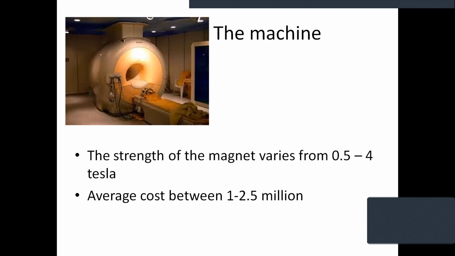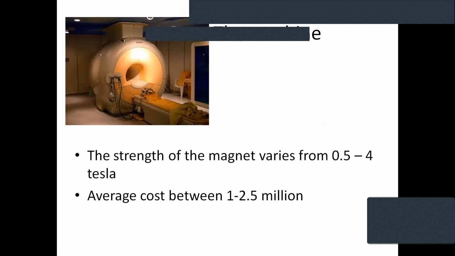For this magnetic machine, for example, hydrogen has atomic number 1, carbon 13, oxygen 17, sodium 23, fluoride 19, phosphorus 31. So the hydrogen atom nucleus has only one single proton, which is an odd number, and it has the property of spinning.